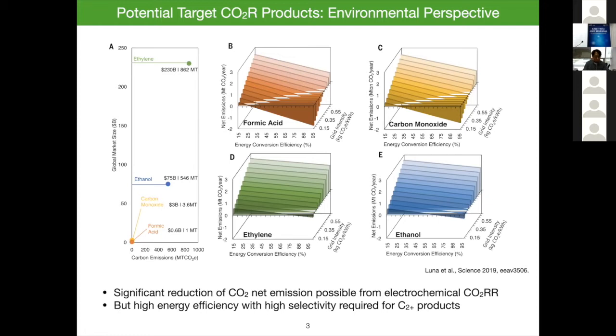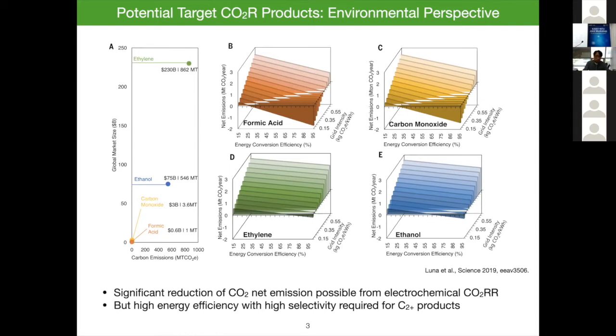If you replace the conventional process with the electrochemical process, then depending on the energy efficiency of the system and the grid intensity, for C1 products like formate and carbon monoxide, a negative net emission is possible.